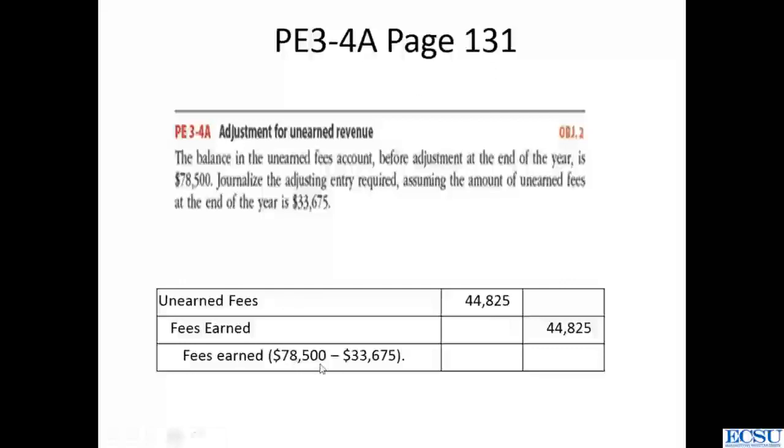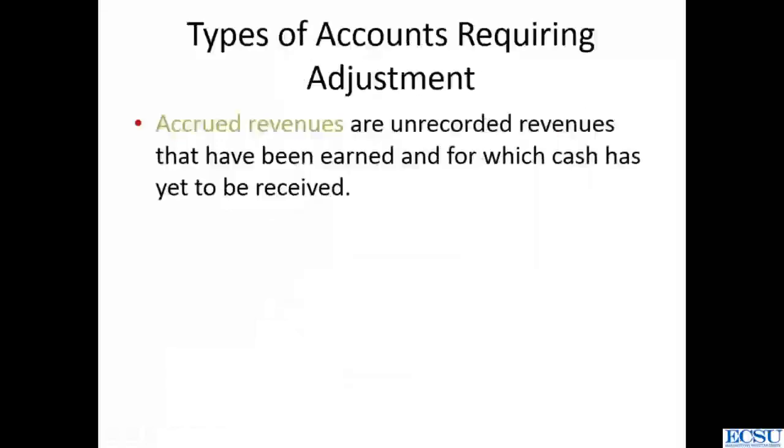As you can see, 78,500 was the unearned fees balance before adjustment, and at the end of the year it is now only 33,675. So the remaining balance has been earned, that is 44,825.